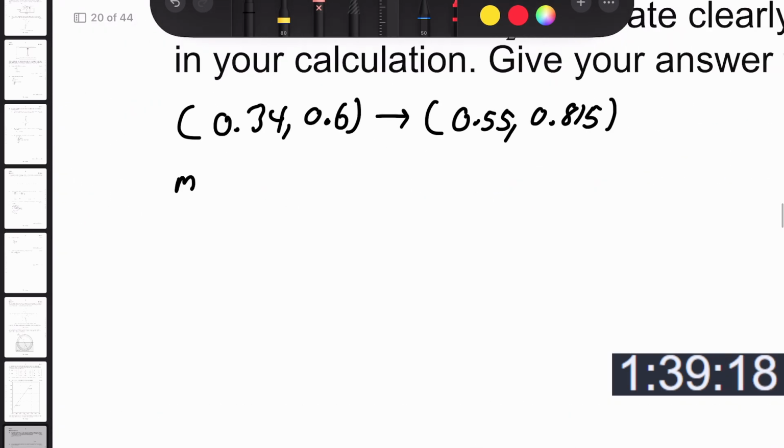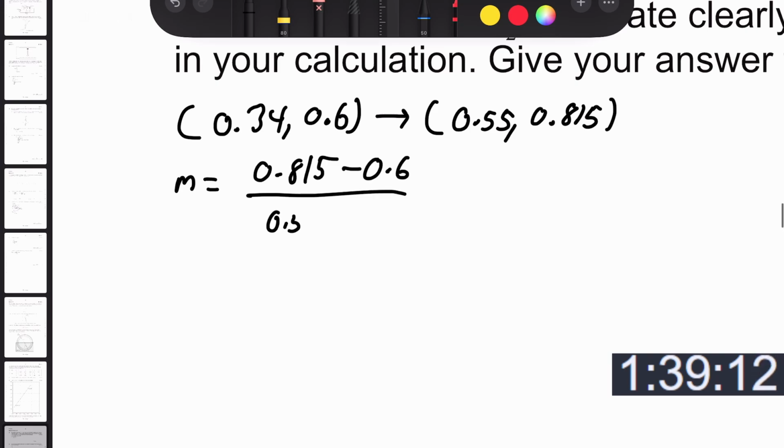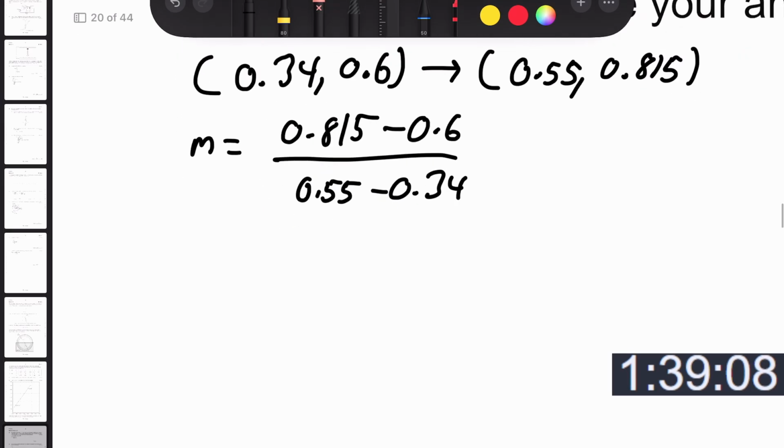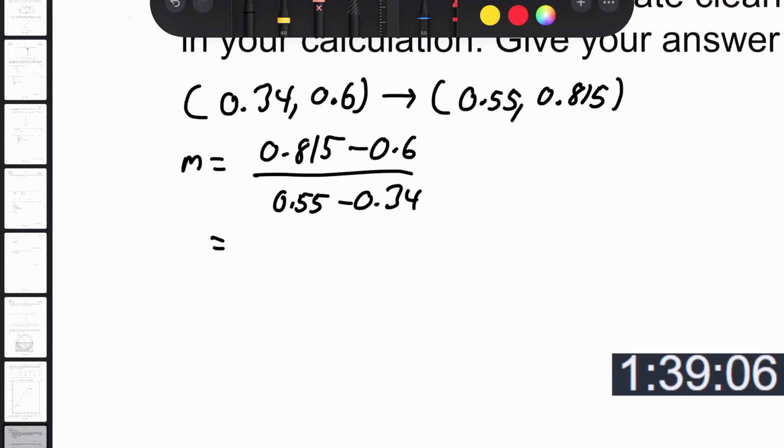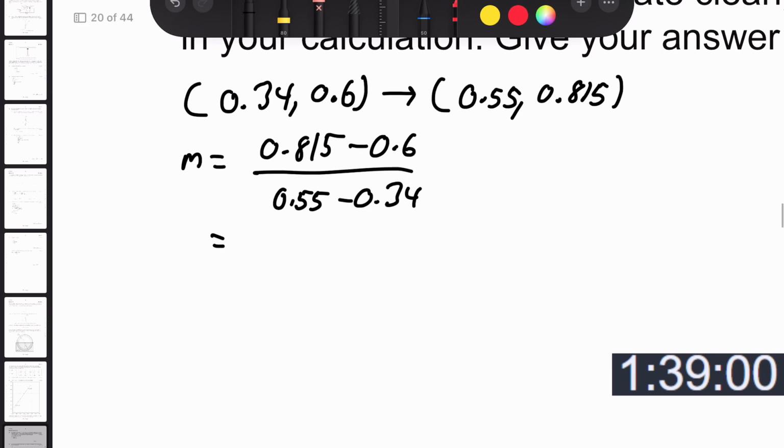So then M is going to be equal to 0.815 minus 0.6 over 0.55 minus 0.4. So I get that M is 1.0238.